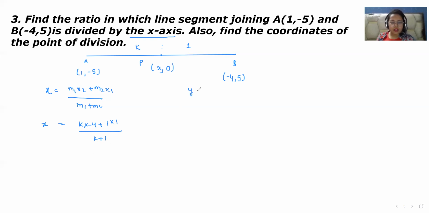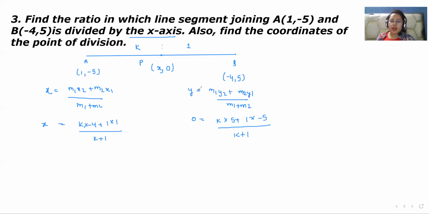And here y equals M1 y2 plus M2 y1 over M1 plus M2. Y is 0, M1 is k, y2 is the y coordinate of B, that is 5, M2 is 1, and y1 is the y coordinate of A, minus 5, over k plus 1.